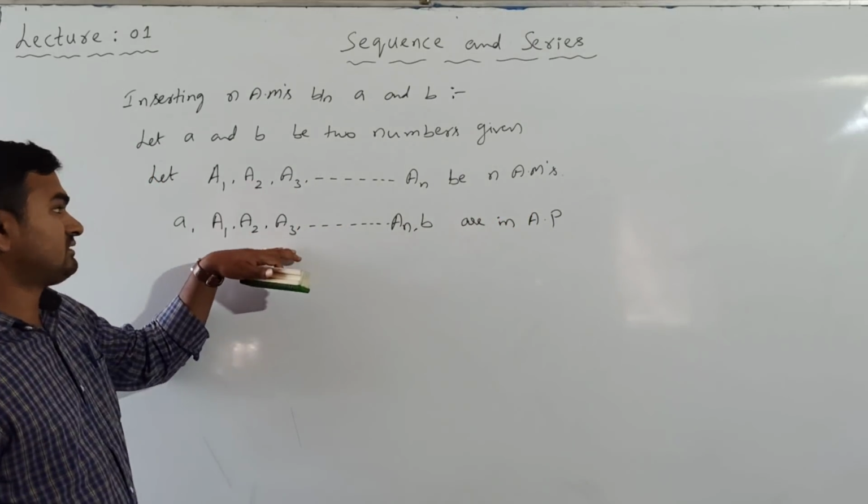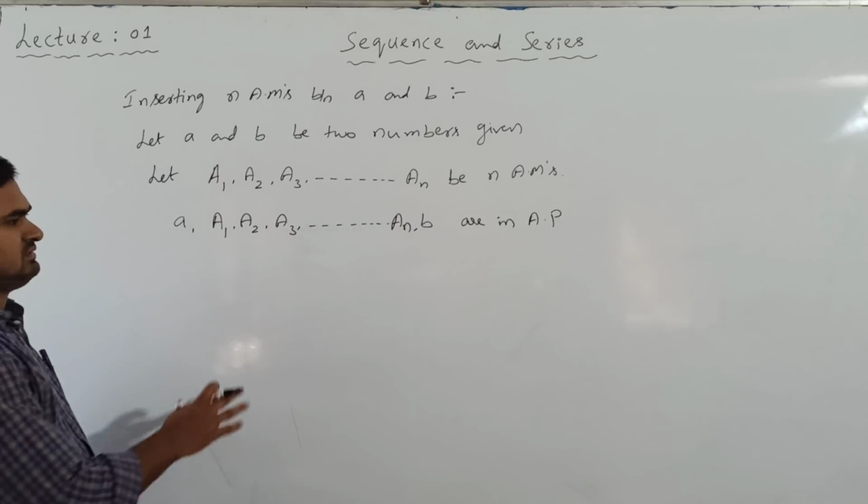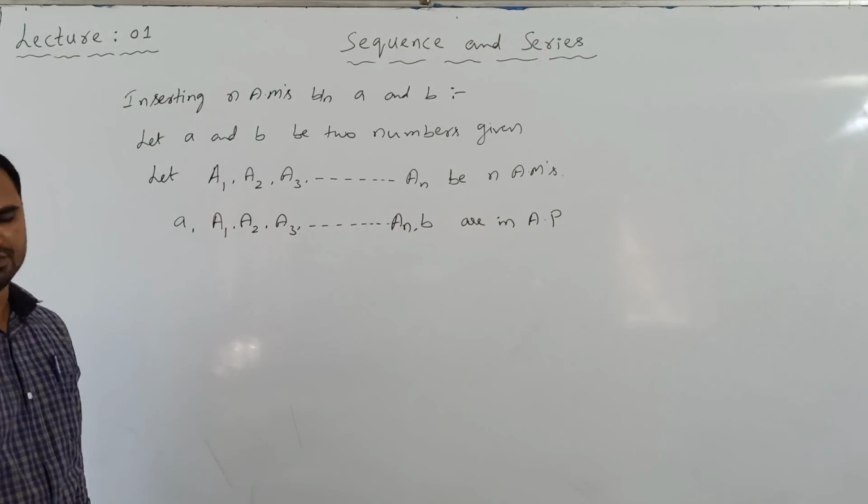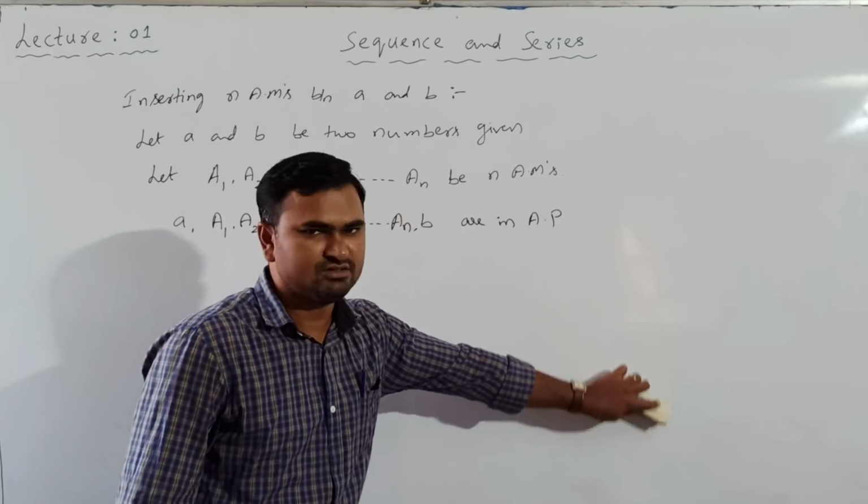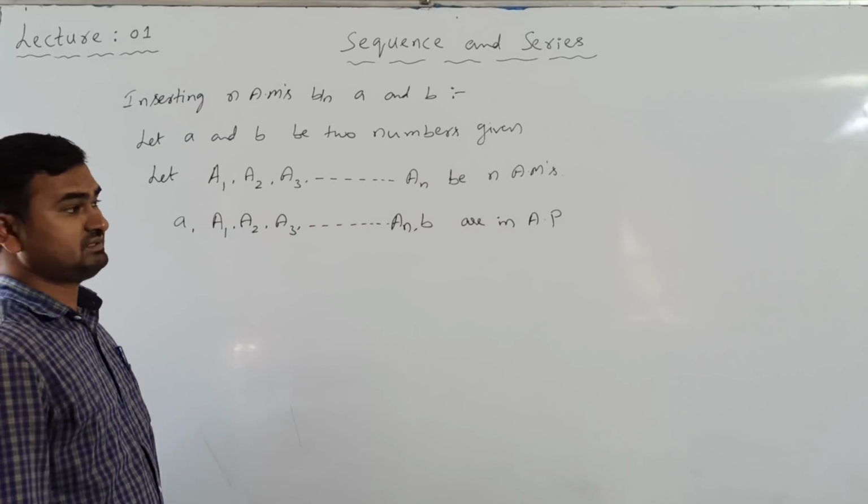Then only these numbers are called arithmetic means. Now we have to find the values. What is A1, what is A2, what is A3?